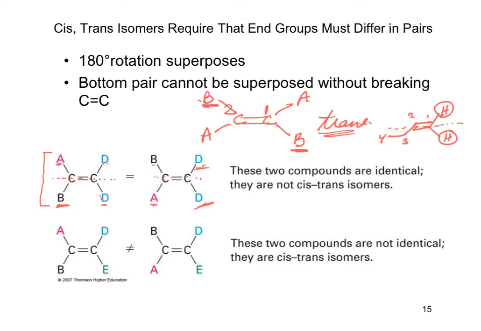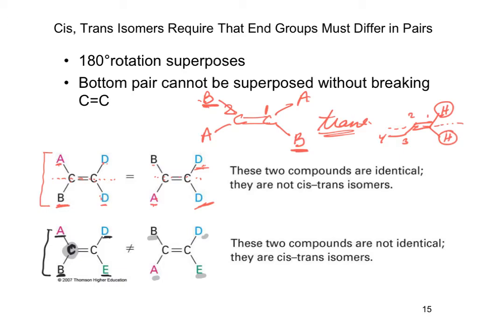On the other hand, if you look at the bottom example, the second one, essentially, here A is opposite E and B is opposite D. And when they flipped this position, let's highlight that a little bit, now B is opposite E and A is opposite D. So we saw a completely different molecule, in the stereochemistry, and so these are the cis and trans isomers.